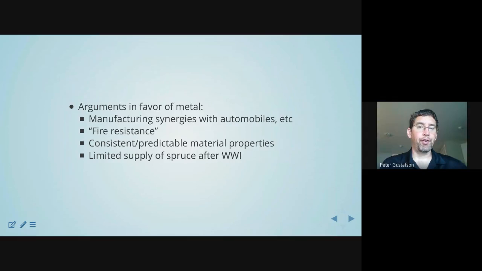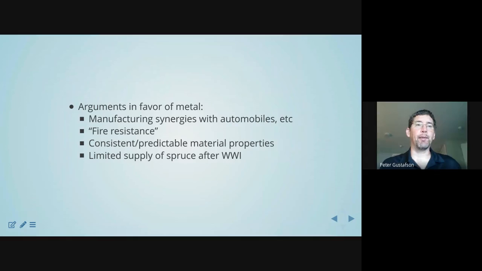A really important argument in favor of metal was the fact that the properties of metal alloys were much more consistent and predictable than equivalent wood properties.